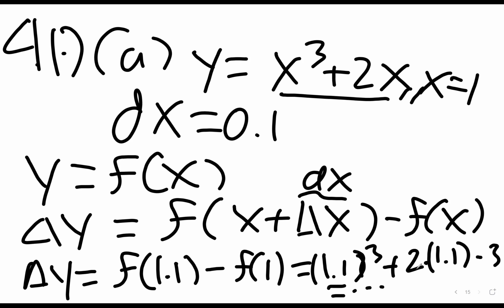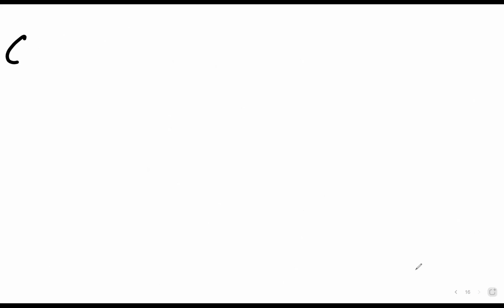You may calculate it: 1.1 to the power 3 plus 2 multiplied by 1.1 minus 3. So that's delta y. And dy is different. dy is the approximation of delta y.